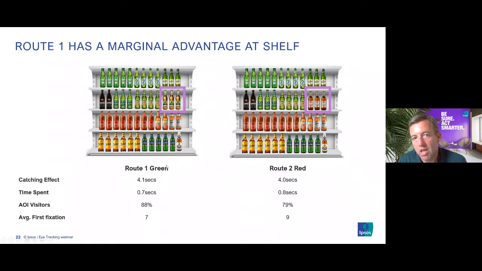Actually, directionally, green route one has an advantage here. So the immediate outcome is that things are pretty similar, and maybe route one has a bit of an advantage. And as I mentioned earlier, pack testing is about trying to put those pieces of the puzzle together in order that you come up with a good recommendation.